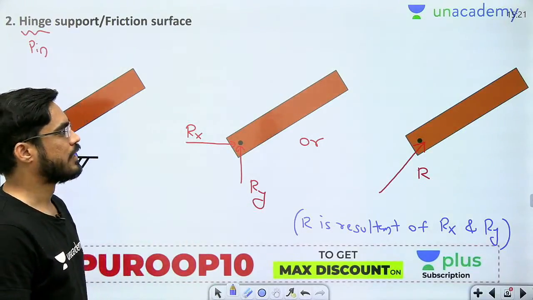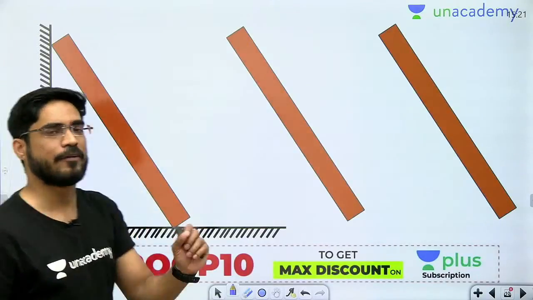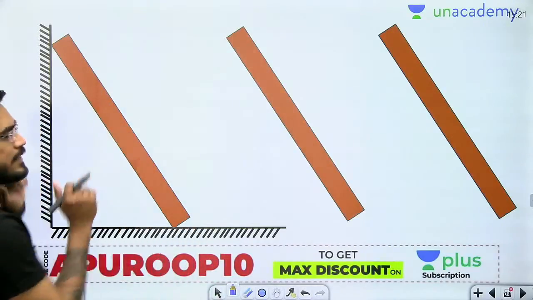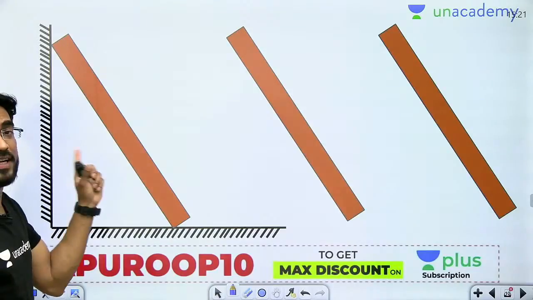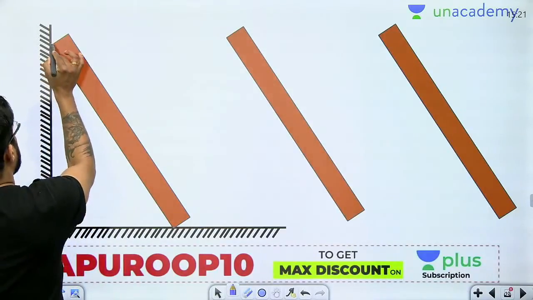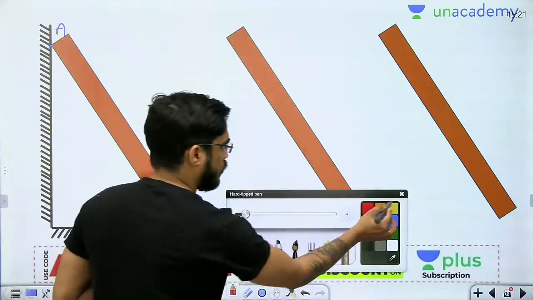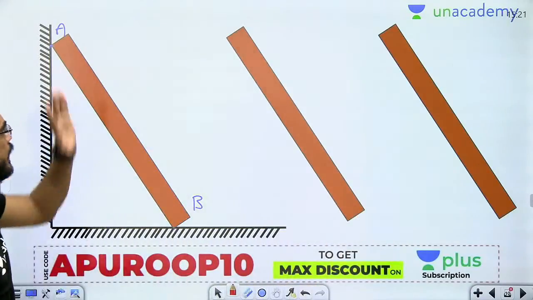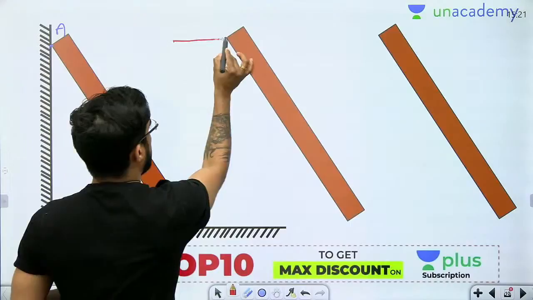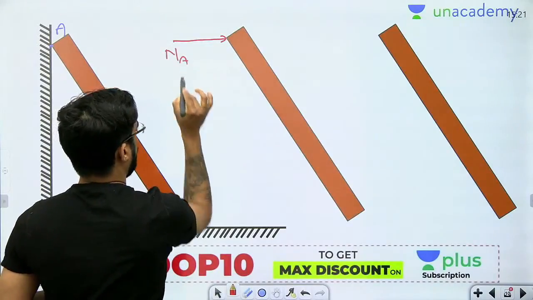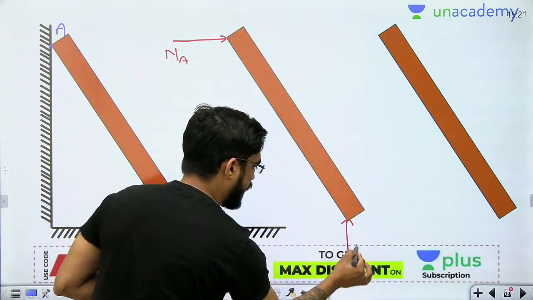So in some questions, in order to reduce the number of forces, we take the resultant of the two reactions of hinge. Okay. Now beta, the same type of reaction you will get in a friction surface also. This is not a frictionless surface, it is a friction surface. Let me call it A, let me call it B. Okay. So what is going to happen? Understand beta, at point A, there will be a normal reaction Na, and at point B, there will be a normal reaction Nb.